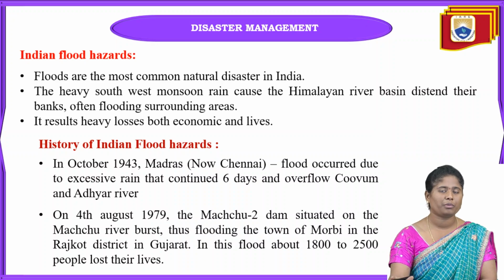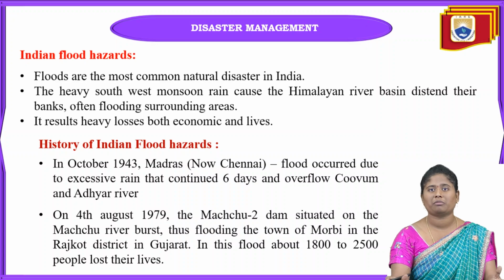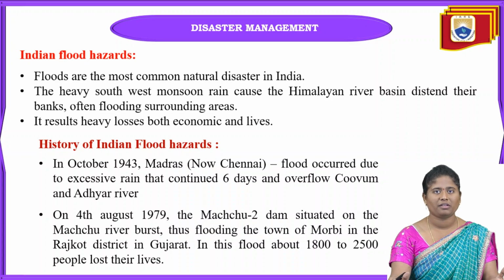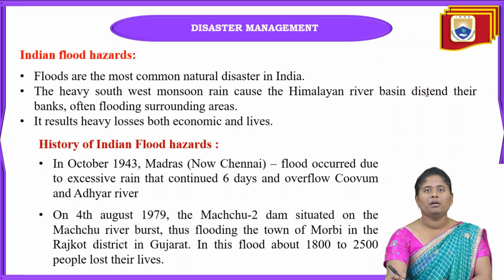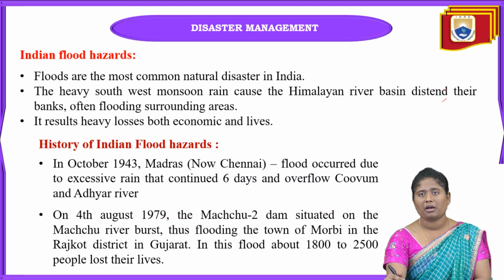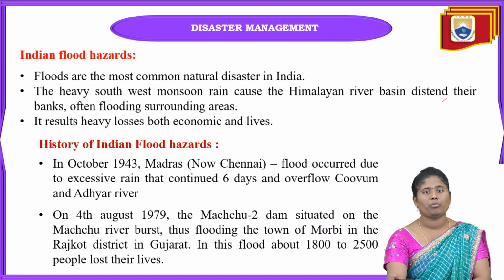According to this, we have already seen some flood hazards in the past few years. Here I am going to explain what the prone areas are and what the flood hazards are. Flood is one of the most common natural disasters in our India. The southwest monsoon region, that is the Himalayan region, mostly has the largest amount of floods.